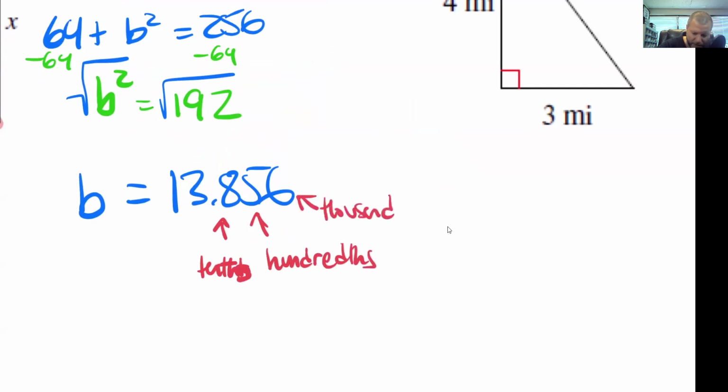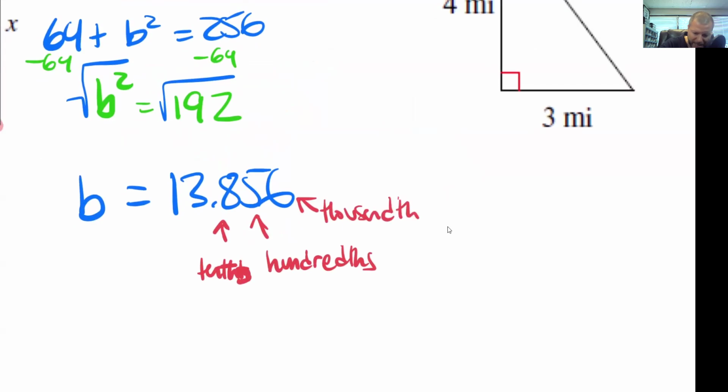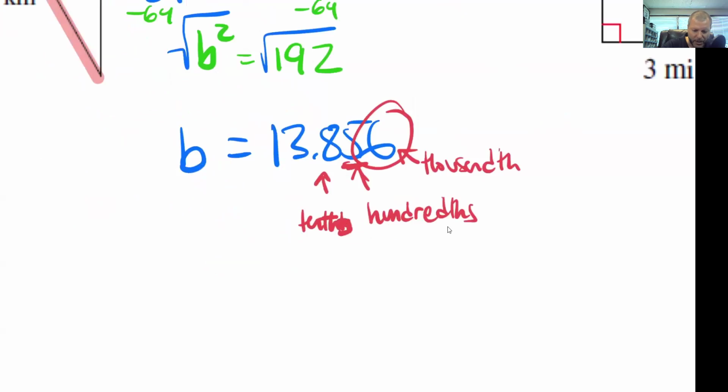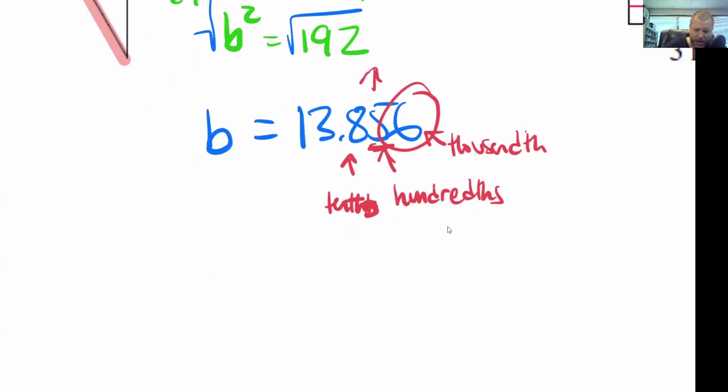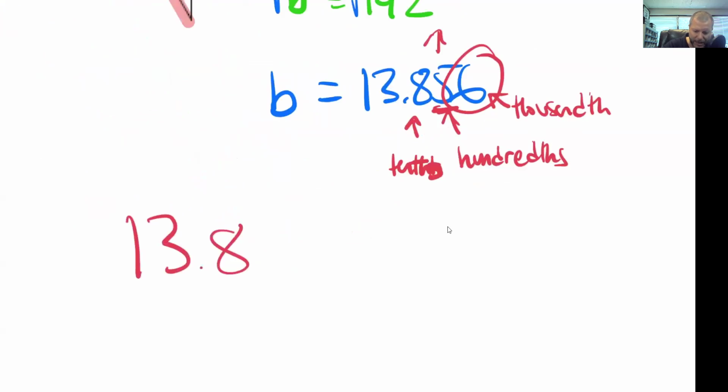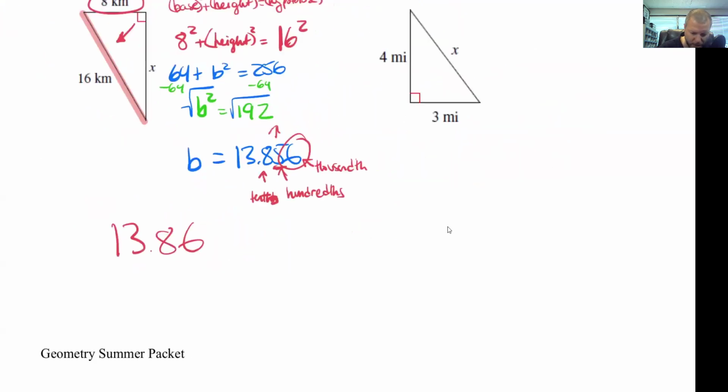If I want to round to the nearest hundredth, remember I'm looking at this 6 right here. Since that's bigger than 5, I'm going to round up. So our answer is going to be 13.86, whatever our units. Our units are kilometers.